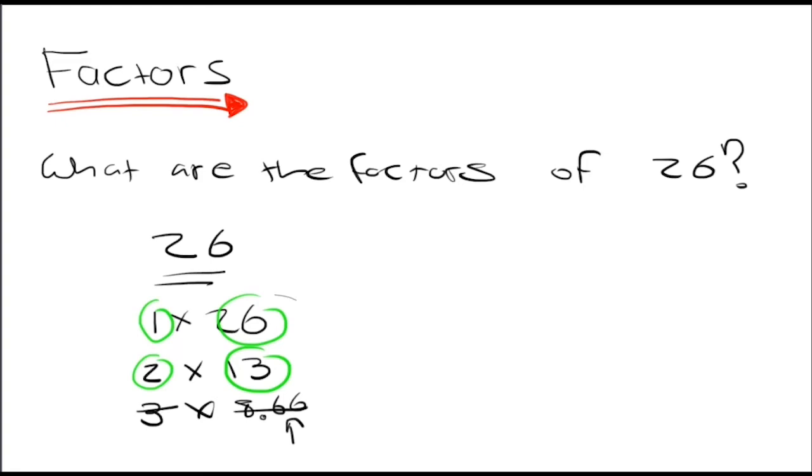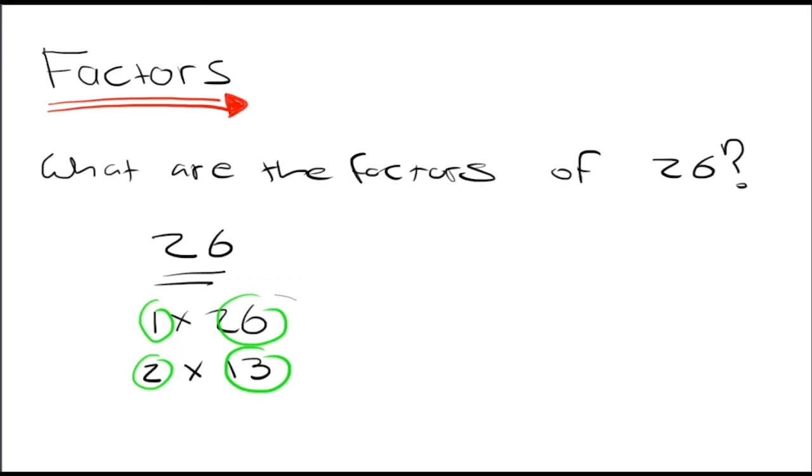What if we try the next number? Let's try 4. Can you multiply 4 by another number to get 26? No, you can't, because you would have to multiply it by 6.5. So no, 4 is not a factor of 26.